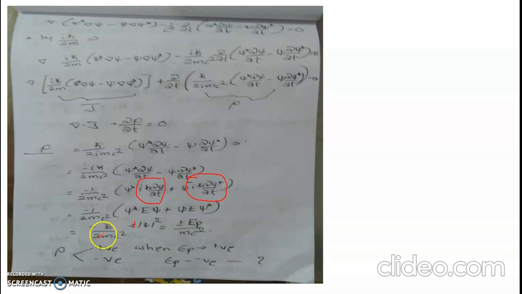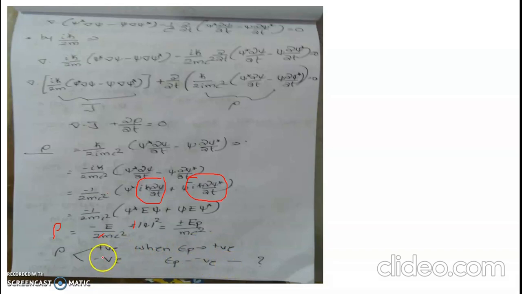But we have seen that E equal to plus or minus E_p. So we obtain the position probability density in terms of energy as plus or minus E_p by mc². However, once you look at this expression for position probability density, ρ has two different choices. It will be positive when E_p is positive, and will be negative when E_p is negative.